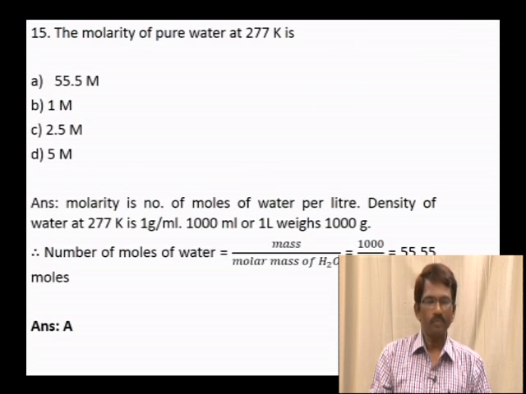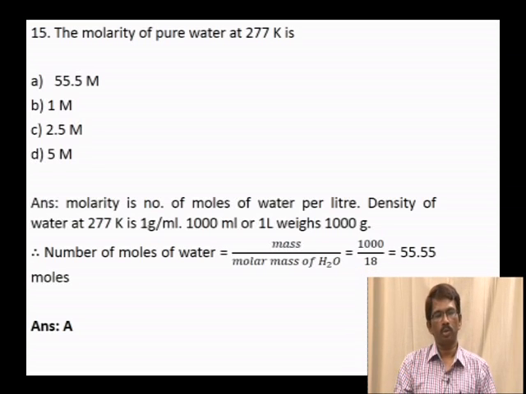Into question number 15, the molarity of pure water at 277 Kelvin. So the options are 55.5 molar, 1 molar, 2.5 molar, 5 molar. Molarity represents the number of moles per liter or per decimeter cube.